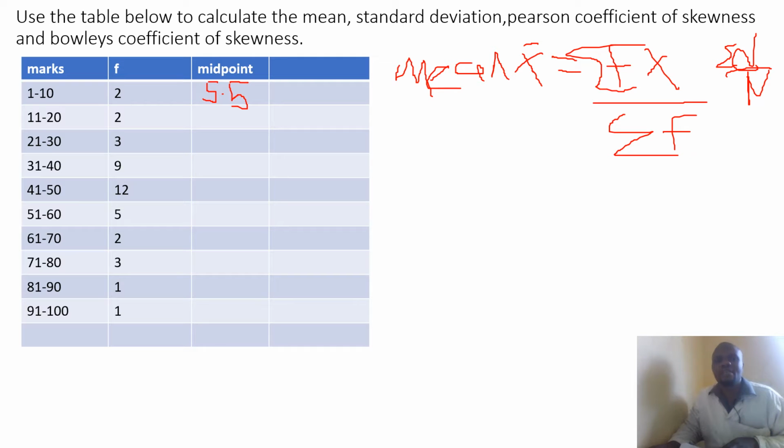Then if we add 11 plus 20 and divide by 2, we get 15.5. And if you add 21 and 30 divided by 2, you get 25.5. And here if you add these two, you get 35.5.